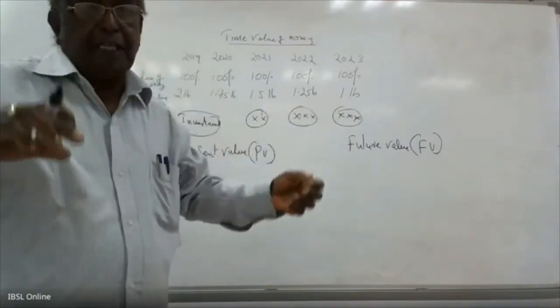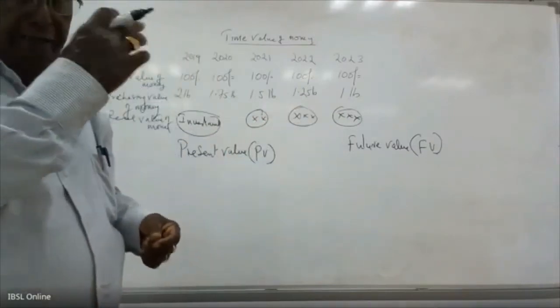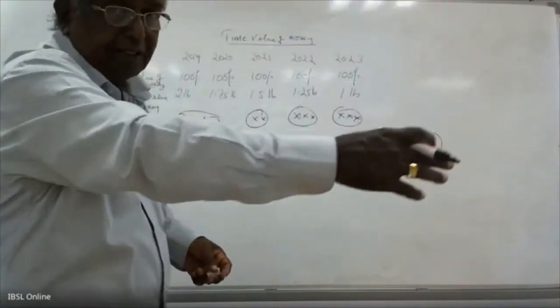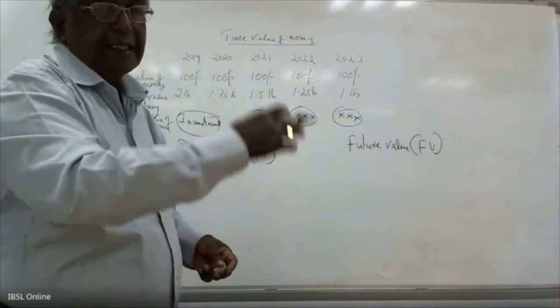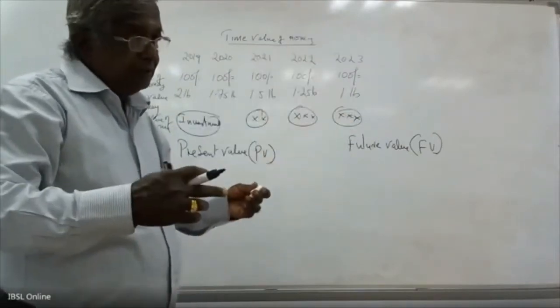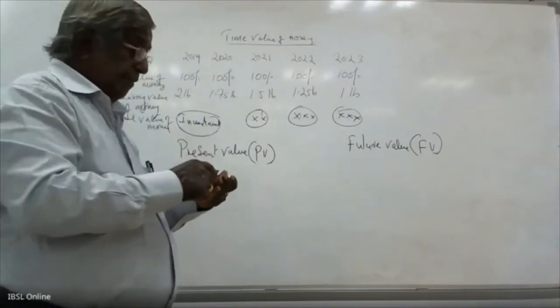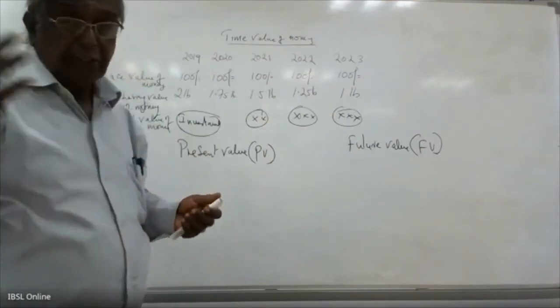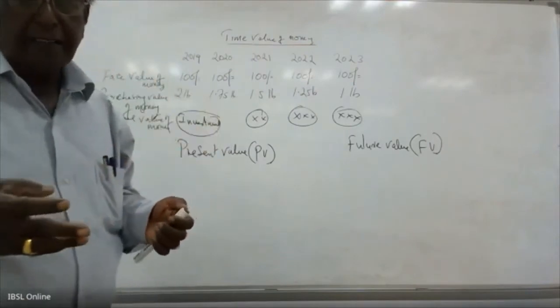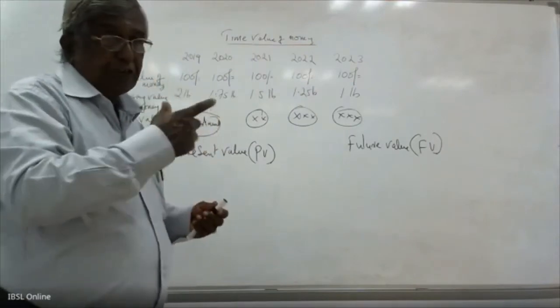The other one is the future value, the value of money we may get in future. So now we have learned the meaning of time value of money, present value of money, and future value of money.